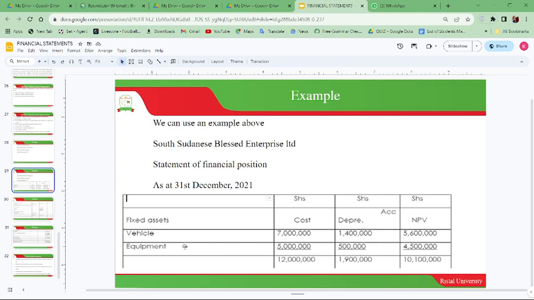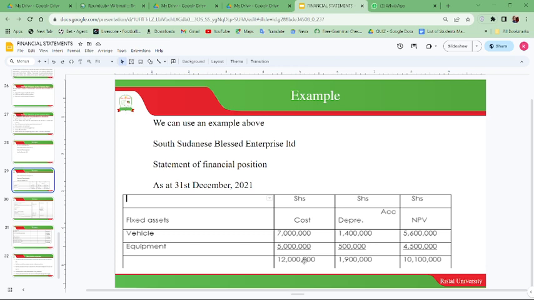You do the same with equipment. The cost was given, and the depreciation, after calculating, we got this. We subtract the cost minus depreciation to get the net book value.